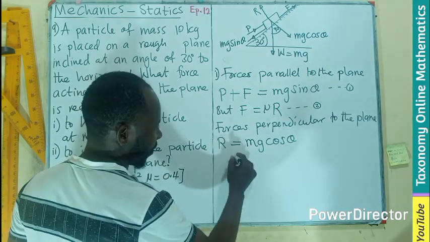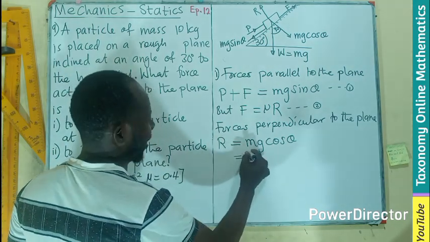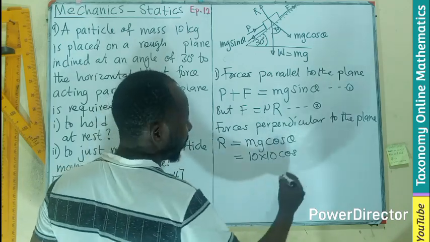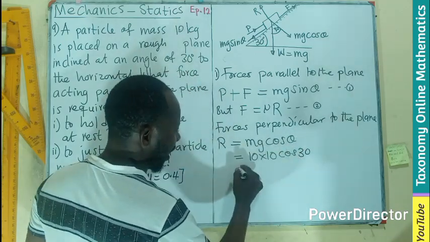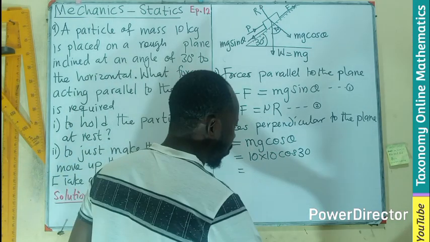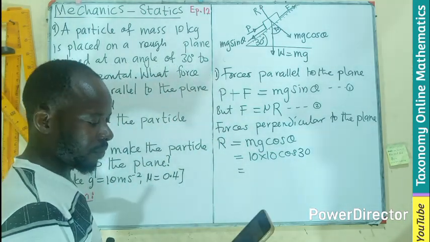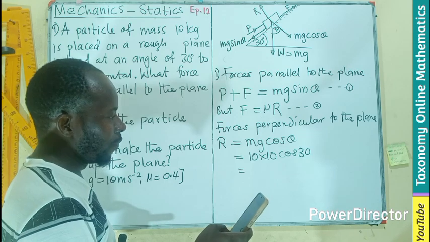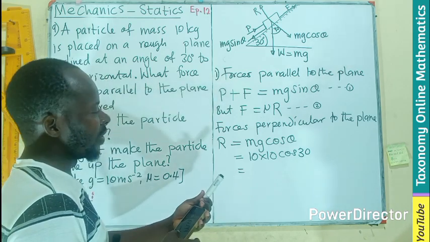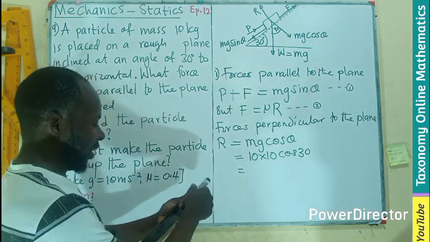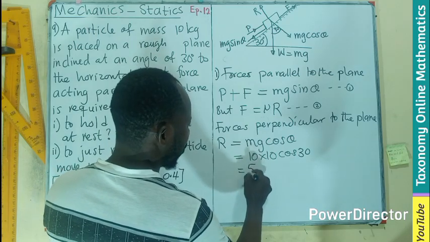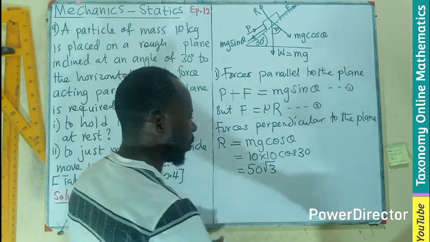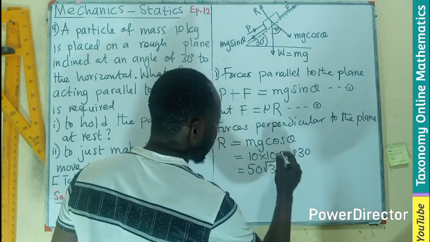This will be mass 10, gravity 10, cos of the angle 30. 100 cos 30 gives us, keeping it in surd form, 50 root 3 Newtons, which is a force.